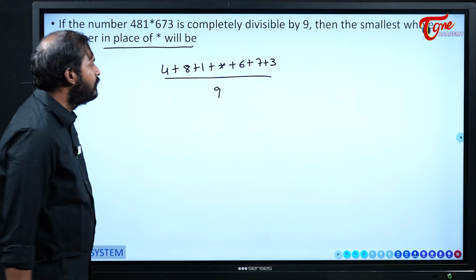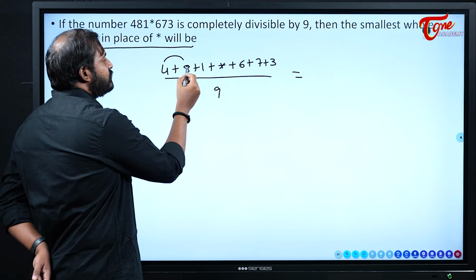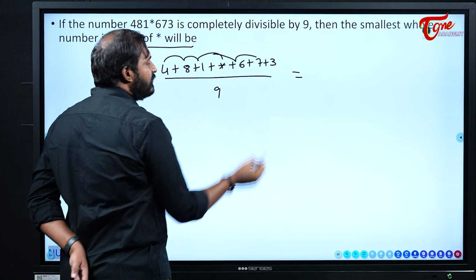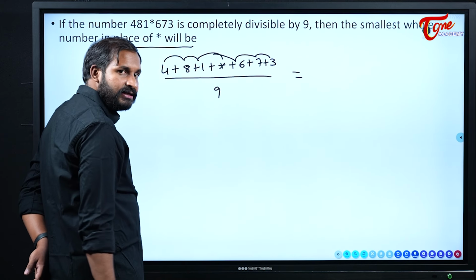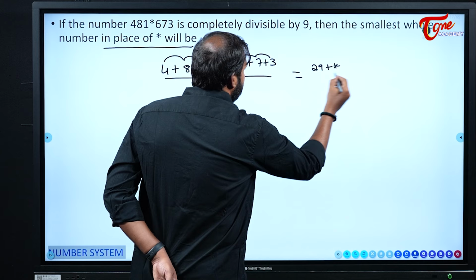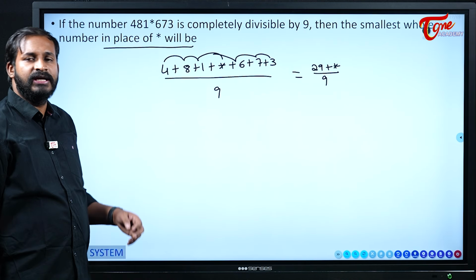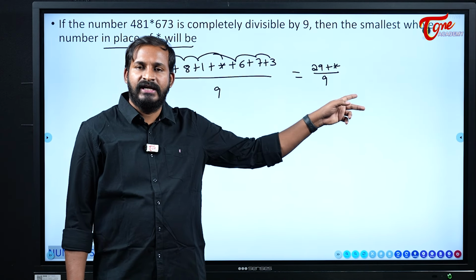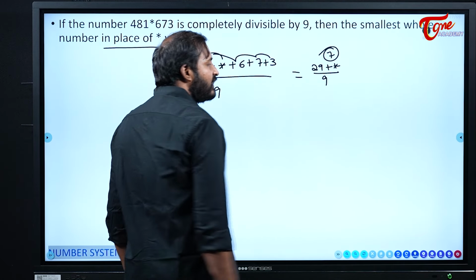First of all, we will add completely: 4 plus 8 is 12, 13, 13 plus 6 is 19, 19 plus 7 is 26, 26 plus 3 becomes 29. 29 plus star by 9. What should be my smallest number in place of star? Whole number, that means you can take from 0. After 29, the next multiple of 9 is 36. So what should I write in place of star? 7 is my answer.